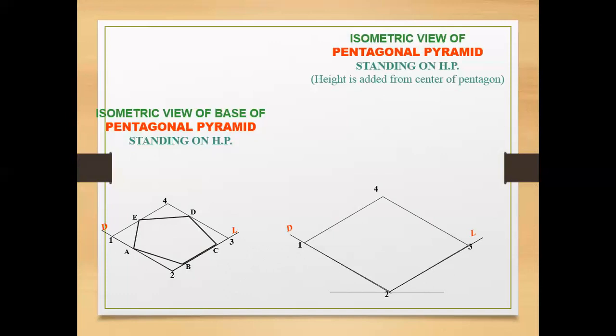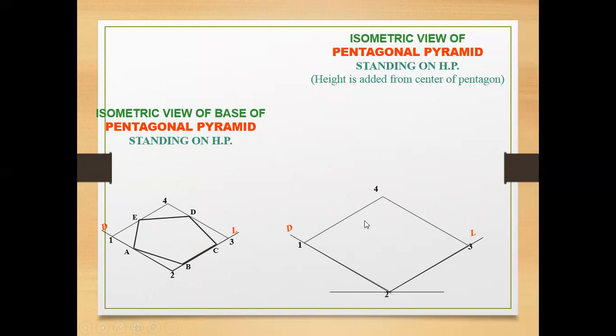If you want to draw a pentagon in three-dimensional, meaning a pentagonal pyramid or pentagonal prism, first you have to convert this pentagonal shape into a square shape, 1, 2, 3, 4. Then draw a horizontal line. Select any one point.